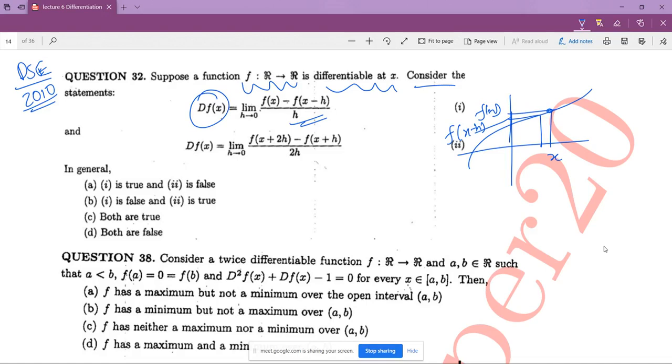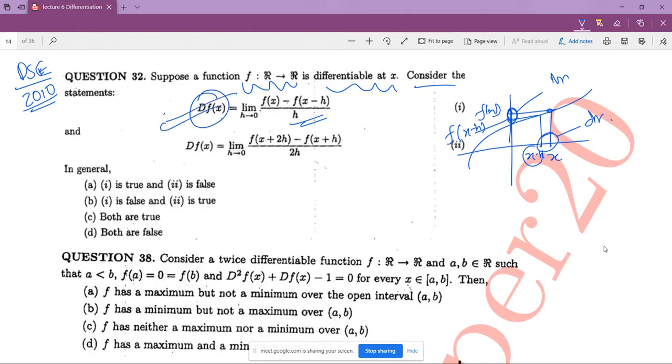So this thing will become the numerator, and this thing, x minus h, will become the denominator. Okay, so x minus right minus left, up minus down. Okay, so yeah, this thing is true.